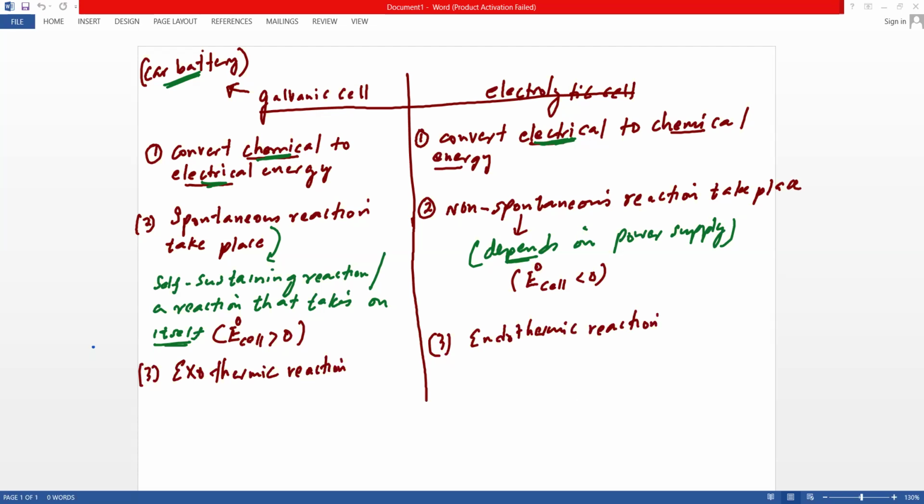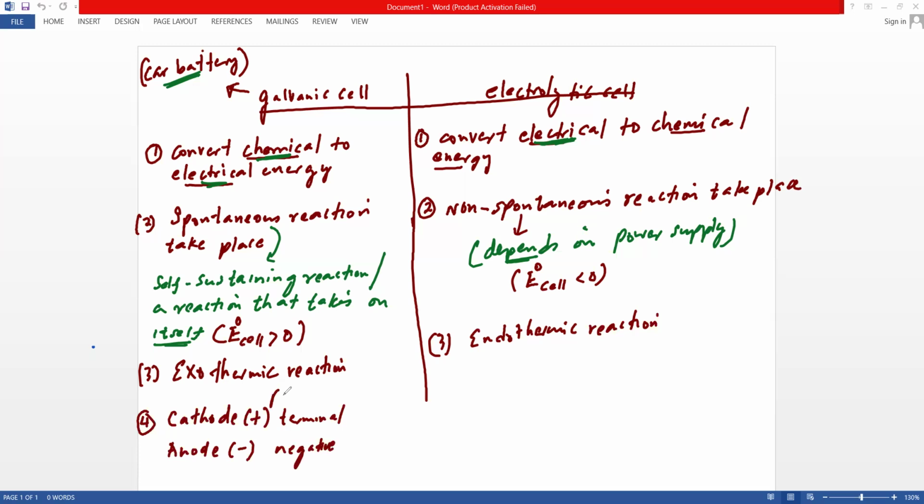When you look at the structure, you'll realize that the cathode under galvanic is the positive terminal and the anode is the negative terminal.